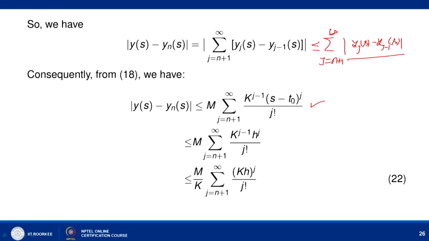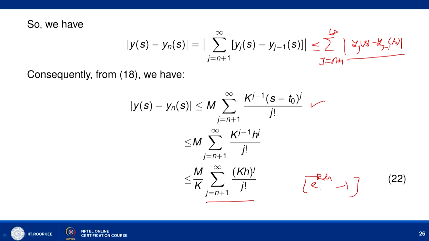Now again we can simplify this. s minus t_0 is bounded by h. So we can write this as M times the sum from j equal to n plus 1 to infinity of K^{j-1} h^j upon factorial j. Again we can multiply by K and divide by K, and we can write M by K times the sum from j equal to n plus 1 to infinity of (Kh)^j upon factorial j. If you look at this, what is this?